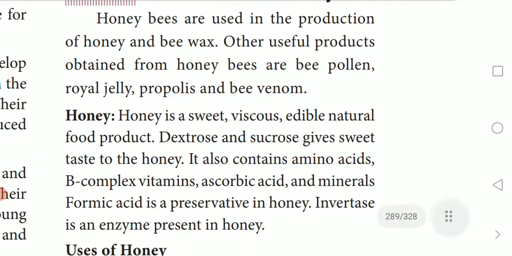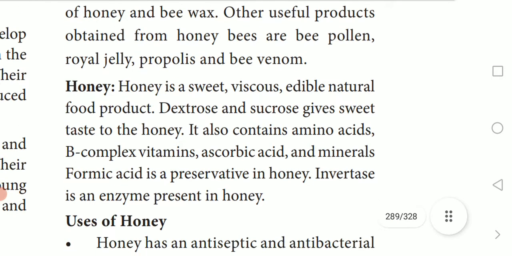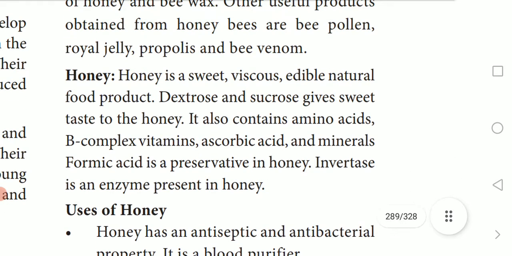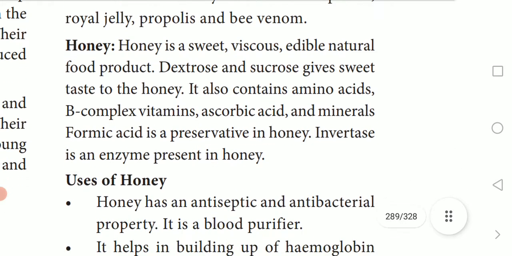The next one is products from honeybees. Honeybees are used in the production of honey and beeswax, and other useful products obtained from honeybees are bee pollen, royal jelly, propolis, and bee venom.